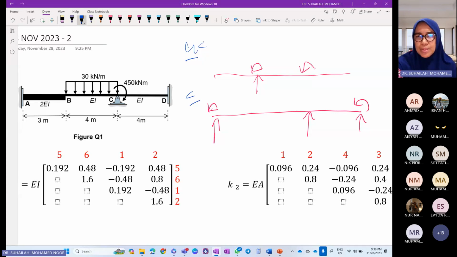We start the label with 1, 2, which is rotation, this is the arrow, then 3, 4, 5, 6, 7, and 8.